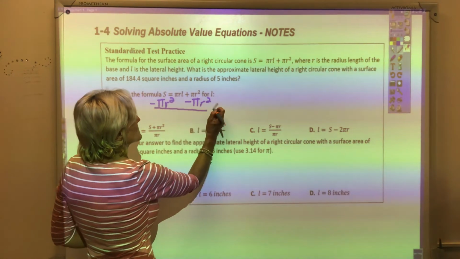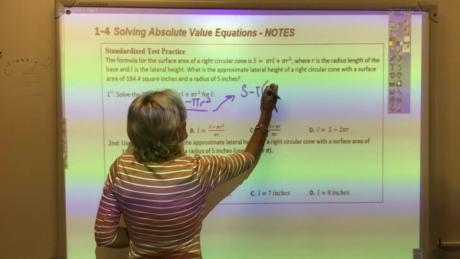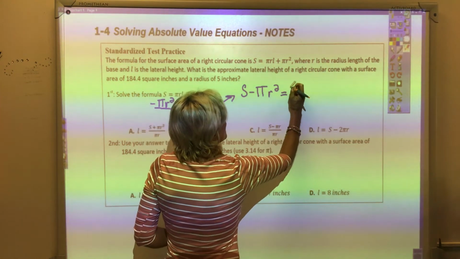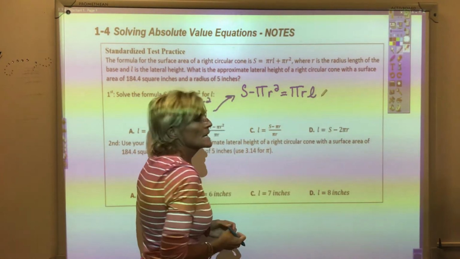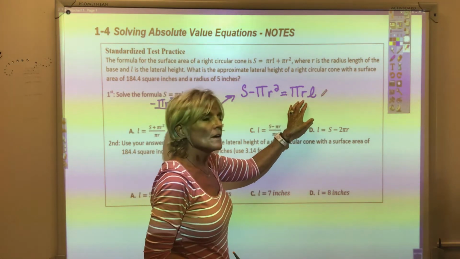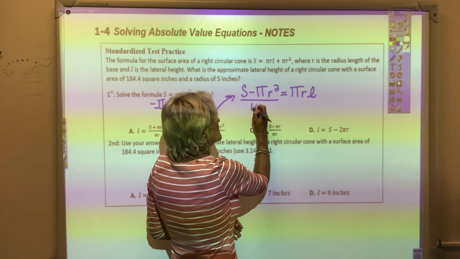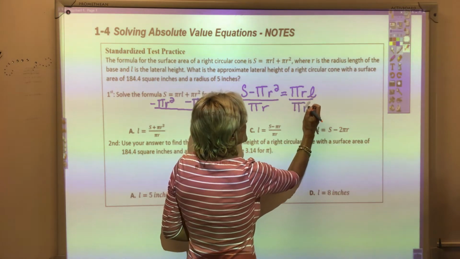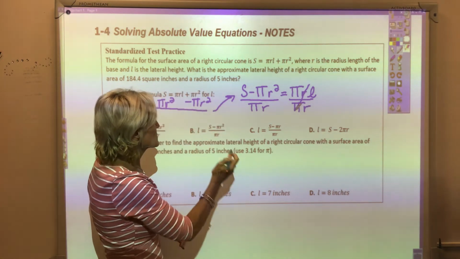That will give us S minus pi r squared equals pi r L. And if we want to solve for L, since we're multiplying by pi and r, we can divide both sides by pi r, which will cancel out. And we will see that our answer is B.